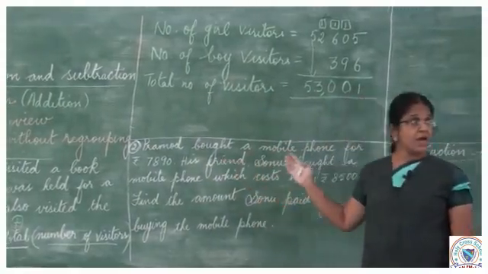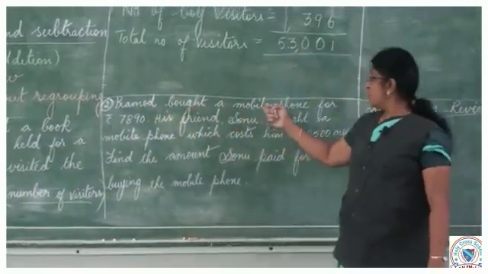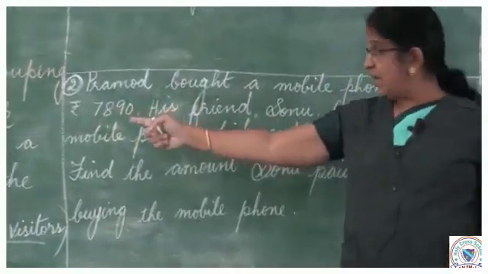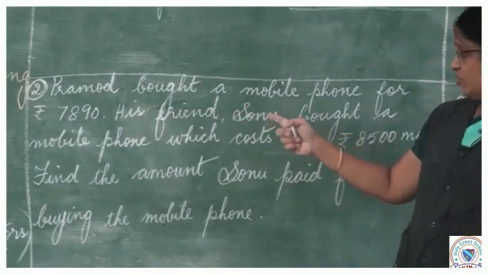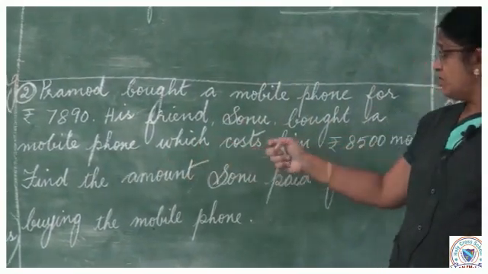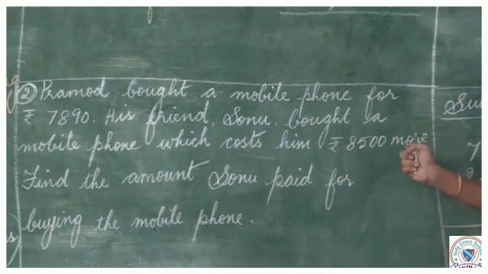Now, do you all understand how to frame the statement for the word problem? Next, you see another word problem here. Pramod bought a mobile phone for rupees 7,890. His friend Sonu bought a mobile phone which costs him rupees 8,500 more.